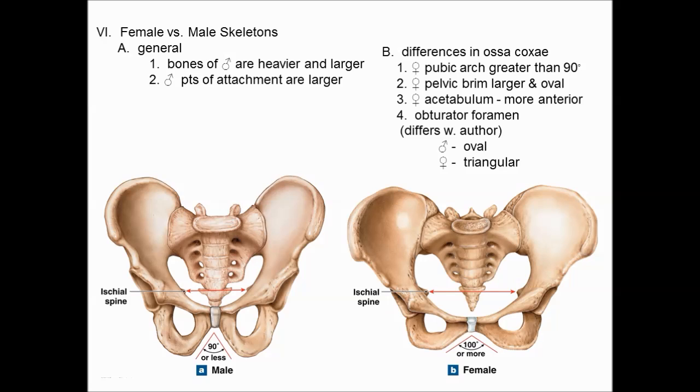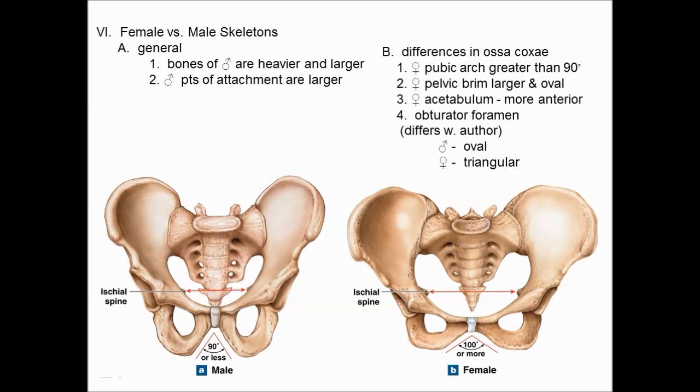There's the brim, some people call it another name, the large opening of the pelvis that we use for the birth canal in females. It is much larger in the female. So the pelvic brim diameter is larger, and as you can see, more rounded, whereas the male looks kind of oval.